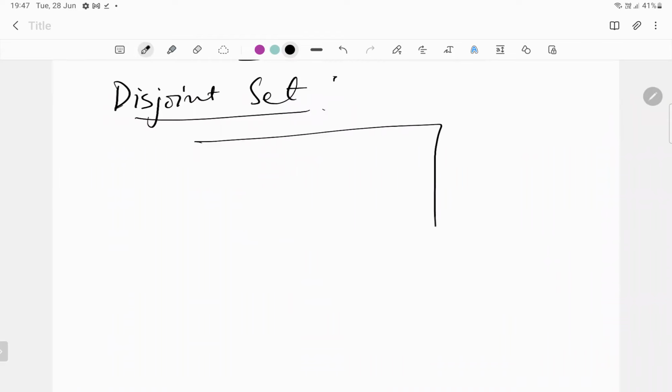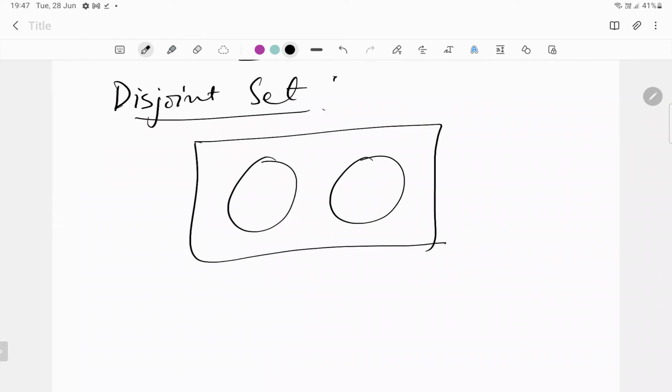Now there is something called disjoint sets. What is the meaning of disjoint? It's not linked at all. So you have a universal set, and you have 2 sets inside. This is set A, this is set B. There is no common thing in set A and set B, right?